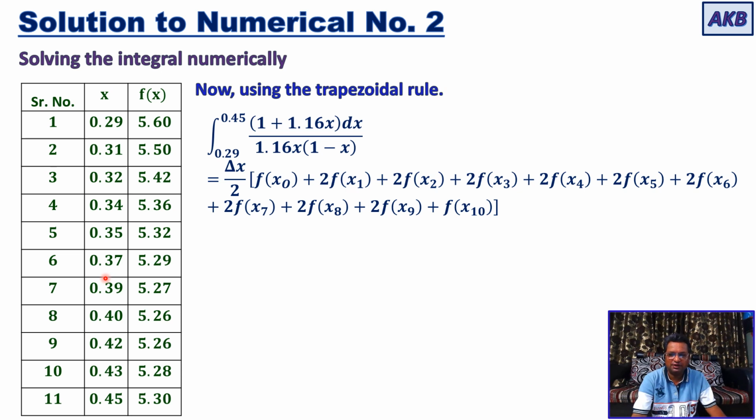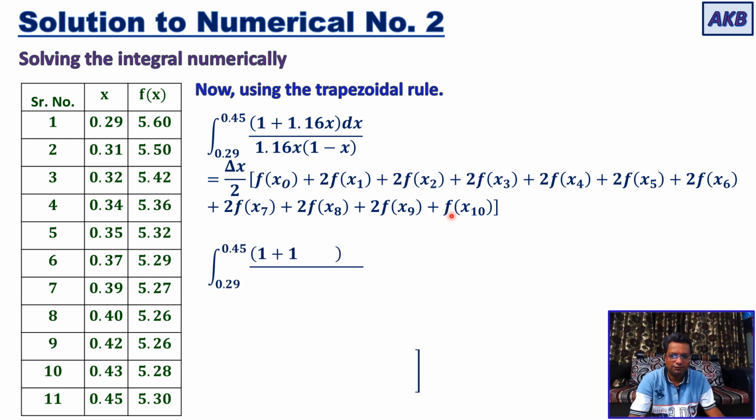Okay, so we have evaluated. So we have x0, x1, x2, x3, x4, x5, x6, so on and so forth. The last value is x10.